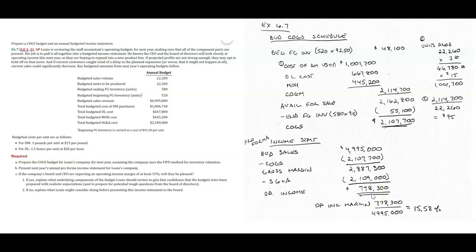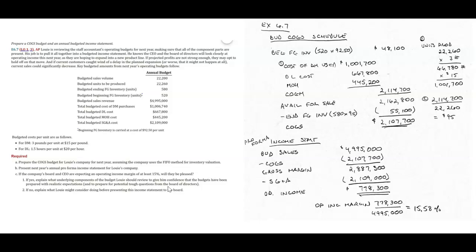And then the last question they ask is an important one. The company's board and CEO are expecting an operating income margin of at least 15%. Many times a lot of these numbers are compared against some kind of standard.